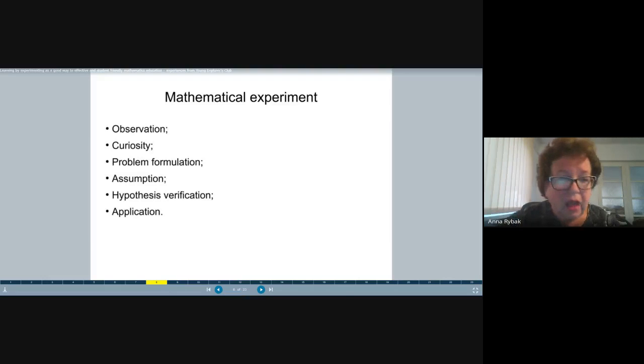So a mathematical experiment consists of the stages displayed on this slide.